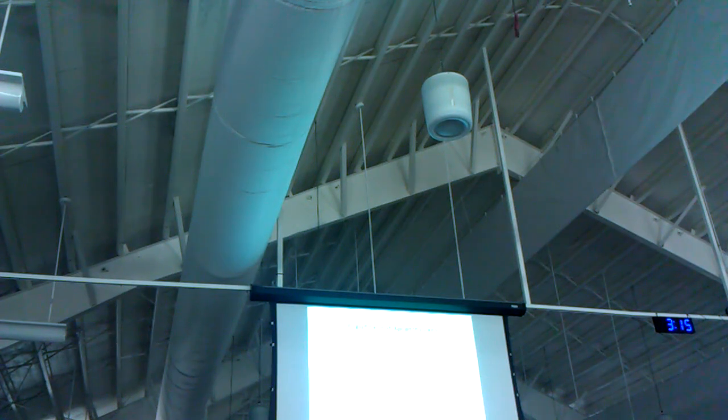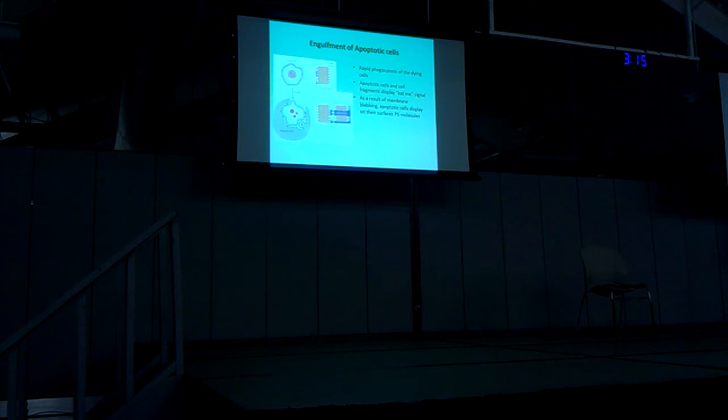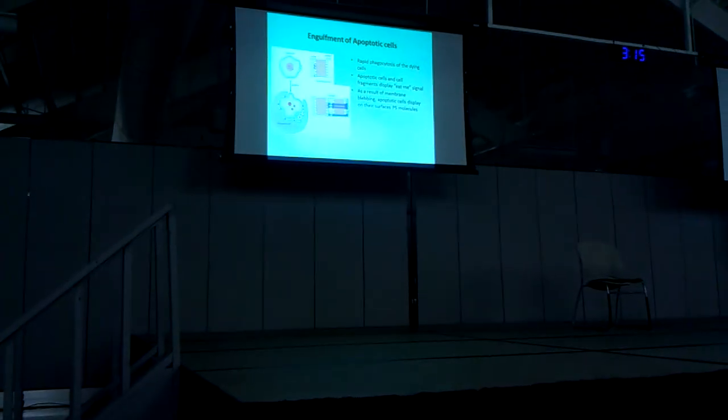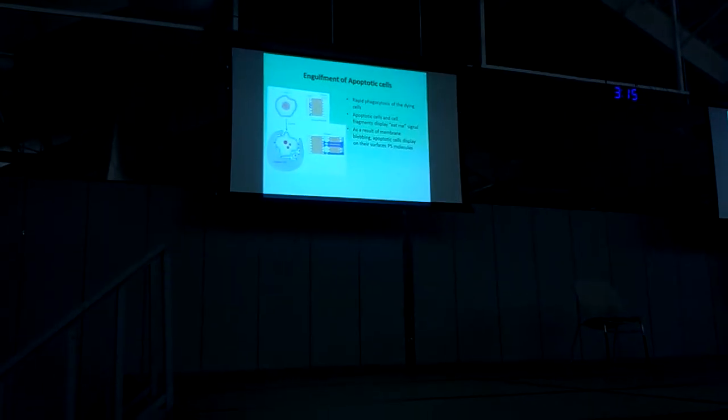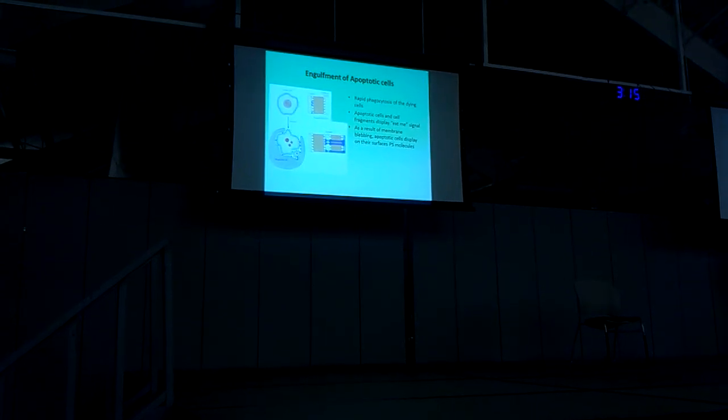This is showing that phosphatidylserine in a healthy cell is found on the cytosolic leaflet, and after or during apoptosis, it is displayed on the extracellular surface. Macrophages have receptors for phosphatidylserine, so that is just receptor-mediated phagocytosis.